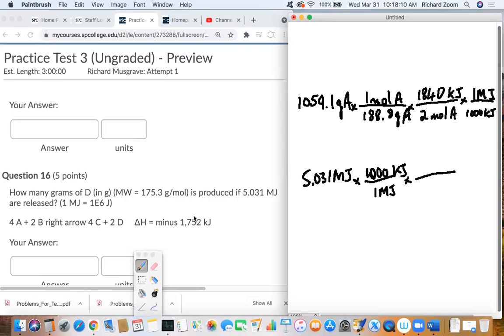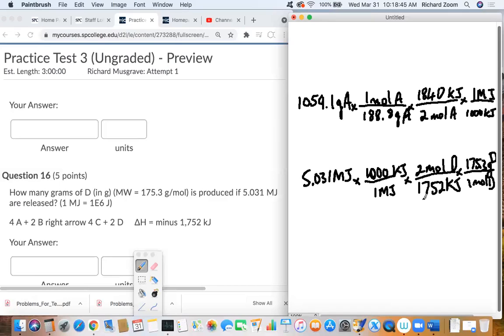We've got D, and D is 2 moles of D, and then we've got minus 1752 kilojoules. So you see the kilojoules will cancel here. So that's moles. We need to get that to grams, and we do have the molecular weight, 5.3 grams of D over 1 mole of D. And that'll give the result for that one.